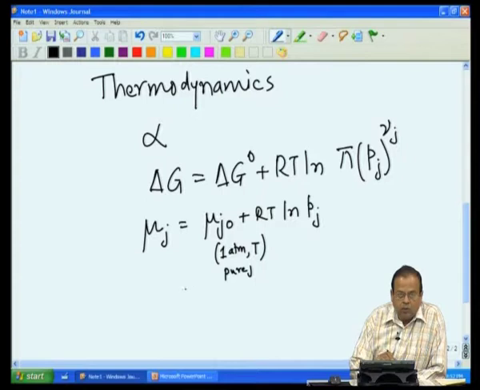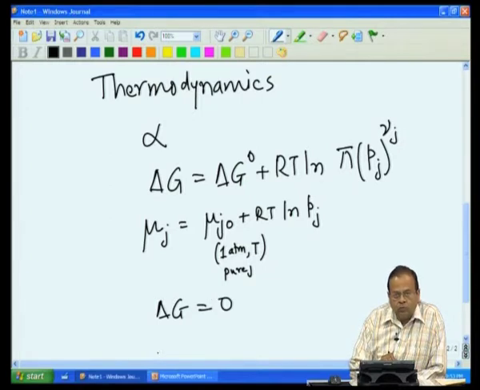Now thermodynamics tells us that a reaction will occur if the free energy change is negative, and the moment the free energy change becomes 0, we have an equilibrium reaction. So, equilibrium of a reaction is characterized by delta G equal to 0, and from this point onward we defined the equilibrium constant Kp, and how it depends on the properties, for example Kp(T).